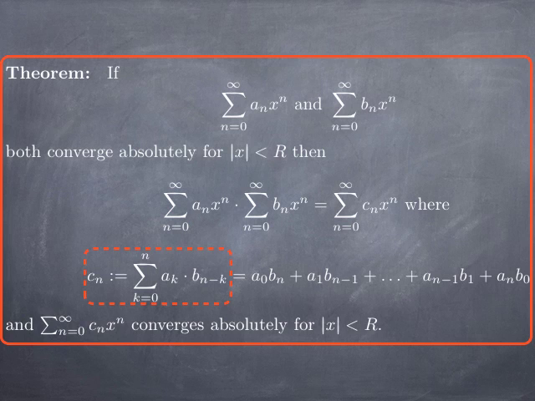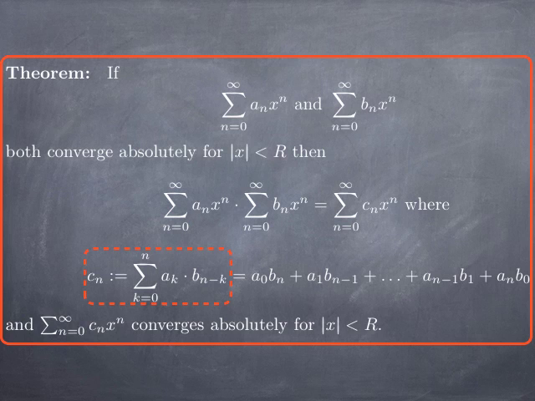In other words, if on one side you take ak x to the k, and you want the product with a term on the other side to add up to x to the n, you will have to multiply by the term multiplied by x to the n minus k, so that when you multiply through you get x to the n.